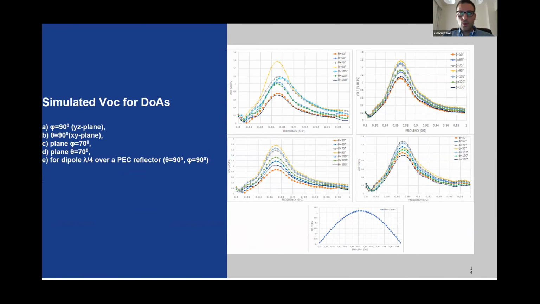Later, having defined all the structural parameters, we approached the structure in real propagation conditions for several directions of arrival, as you can see, and for different planes of the incident wave, in order to see how the voltage VOC varies.